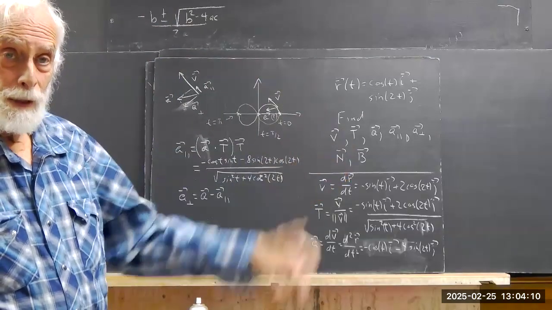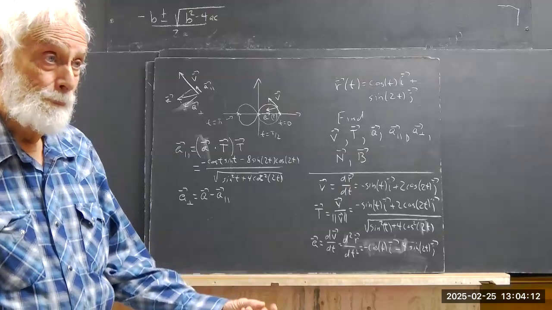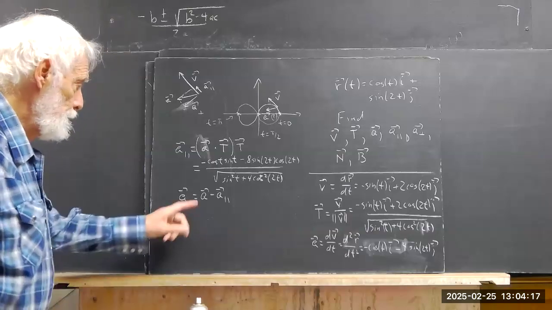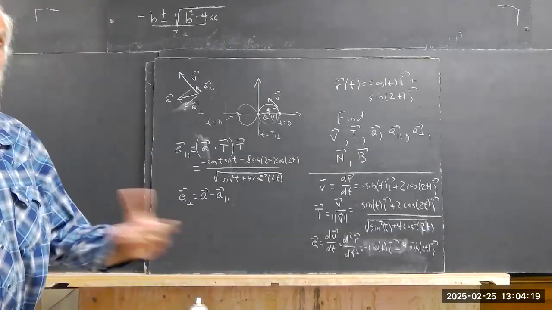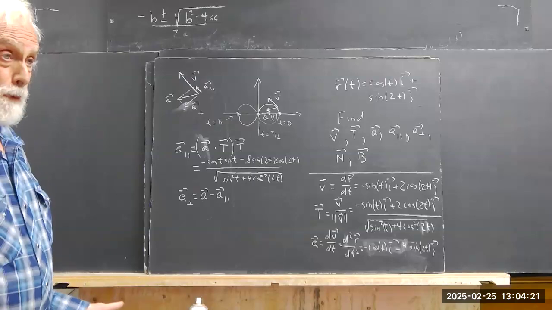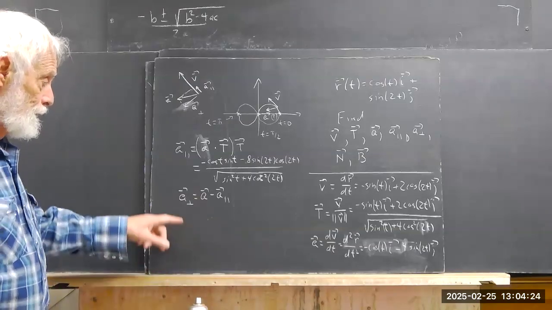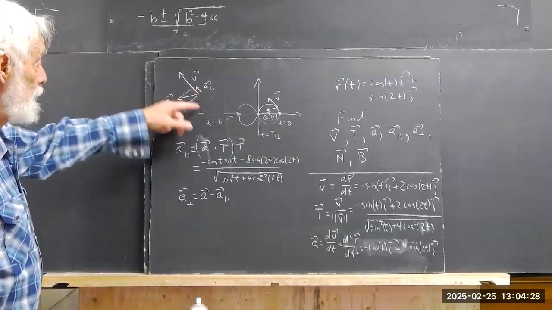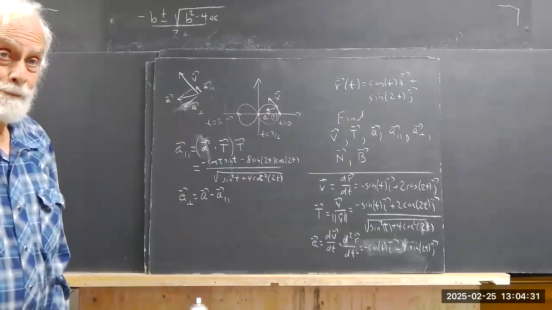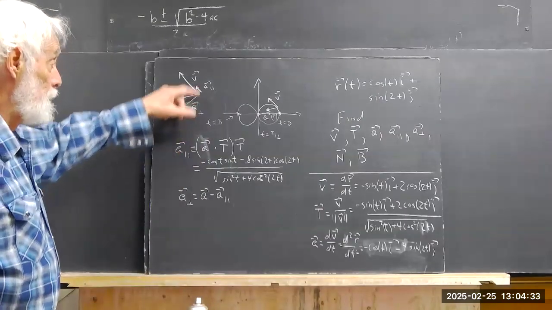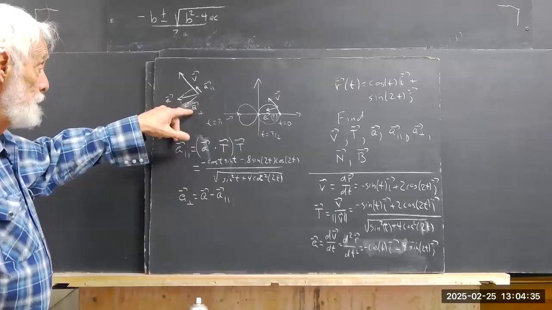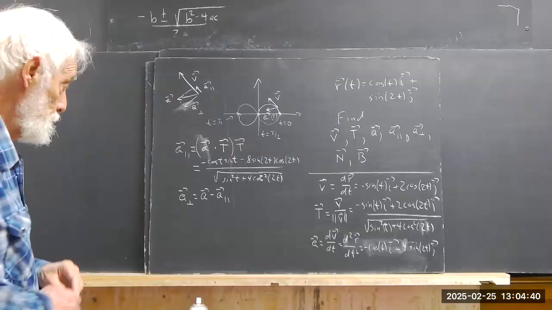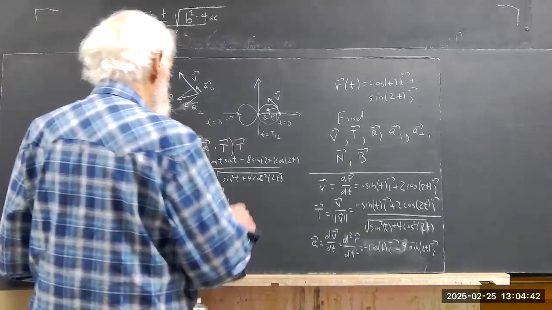It gives you a magnitude, not a vector. I prefer just to stay geometric on this, but that formula is fine if you want to use it. You should see that A perpendicular is A minus A parallel, because A parallel added to A perpendicular equals A. These vectors are perpendicular. These are the components. You add the two vector components and you get the vector. Want to be comfortable with that, okay?